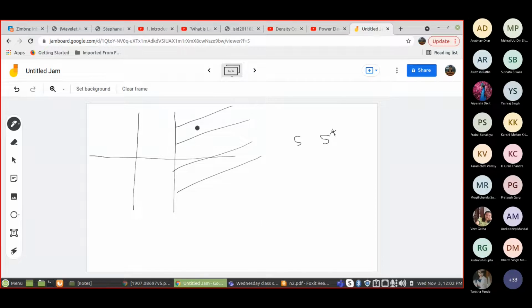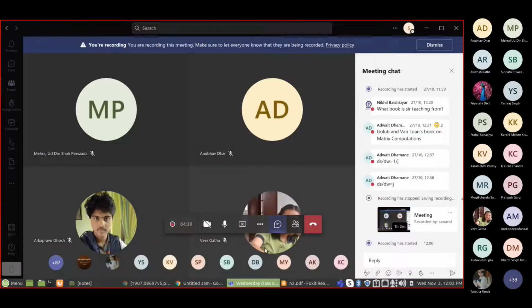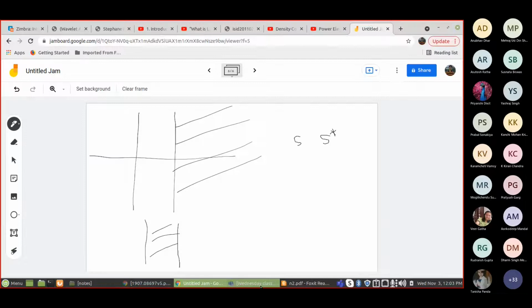So all of these ROCs, if you can see, are symmetric about the horizontal axis, whether it is the entire complex plane, right half plane, left half plane, or even something like this. Any question? So it is symmetric about the horizontal axis.